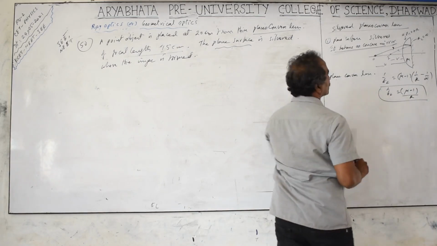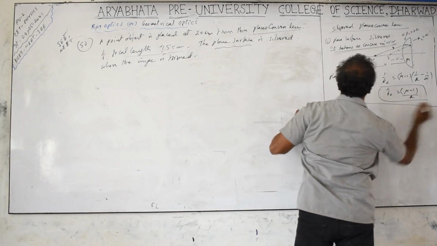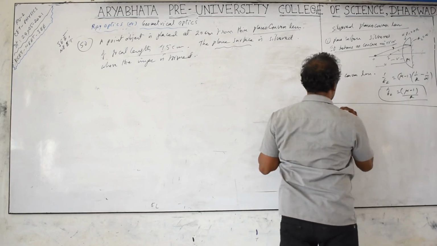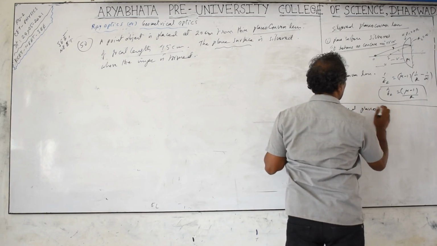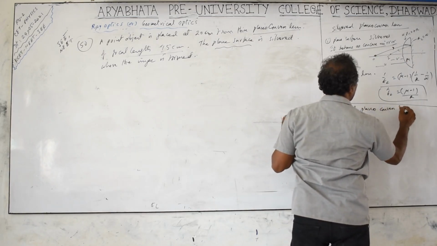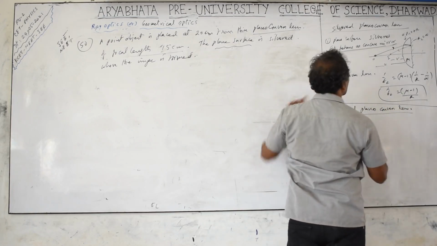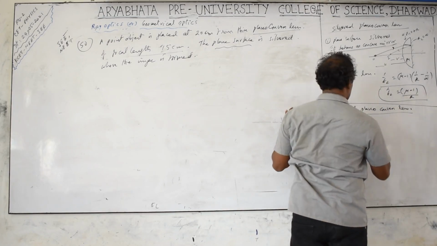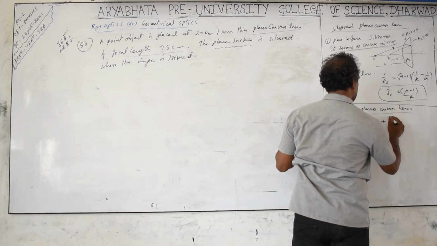But here we have a combination: lens 2 times, mirror 1 time. Now the silvered plano convex lens. 1 by f silvered lens is equal to 1 by f lens plus 1 by f mirror plus 1 by f lens.